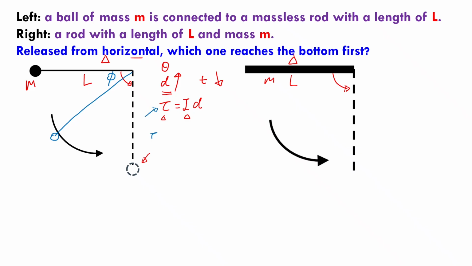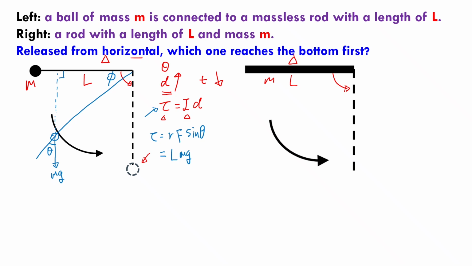We know the torque equals R F sine theta. R is very straightforward, which is the length of the rod, and the force is also very straightforward, which is mg. So the key thing here is the angle between the rod and gravity. This is theta. If we extend the direction of gravity, then we know this is 90 degrees.